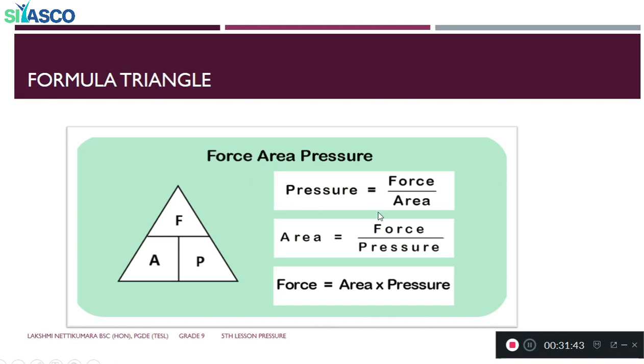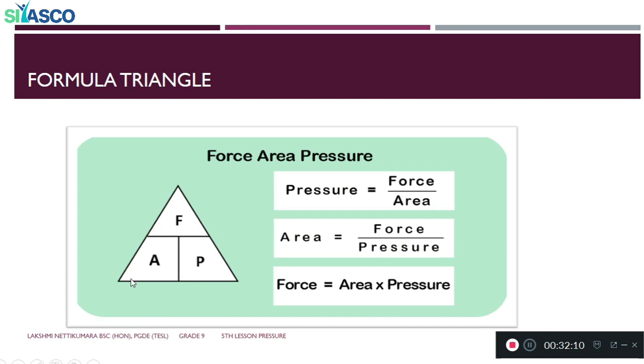From this original equation, you can derive 2 more equations. If you want to find the area, you have to cross over: area equals force divided by pressure. If you want to find force, you get the area here and area into pressure.